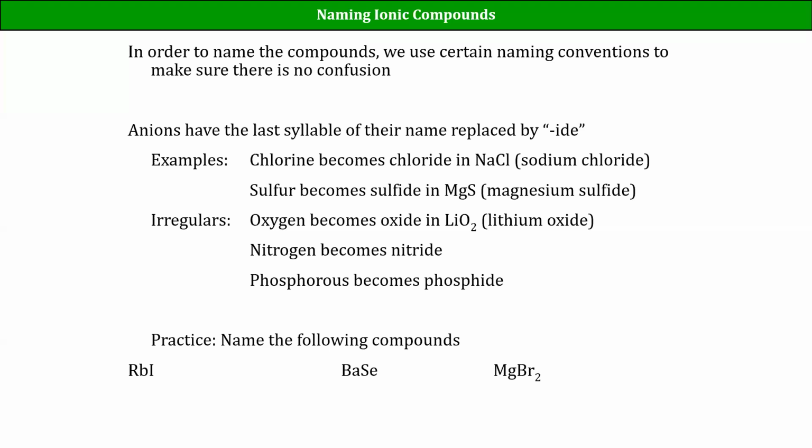But if we have an ion, let's look at sodium versus sodium ion as an example. Sodium is 1s2, 2s2, 2p6, 3s1, right? And sodium ion, 1s2, 2s2, 2p6.